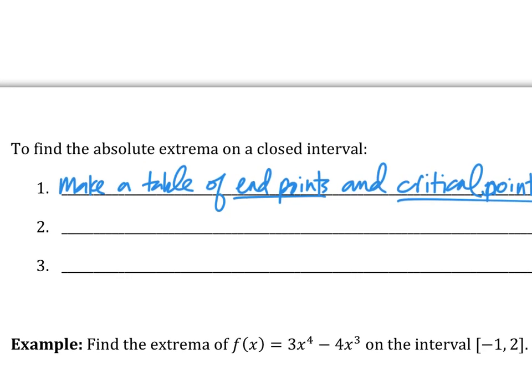Next, we want to, from those points, find the f of x at each point. And when I say each point, I mean the endpoints and the critical points. Okay, and then very easy.